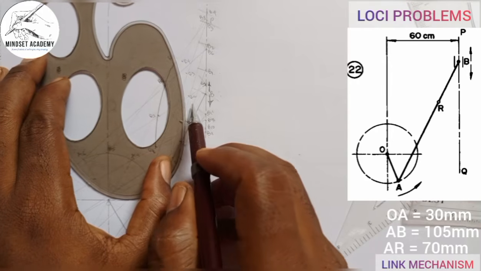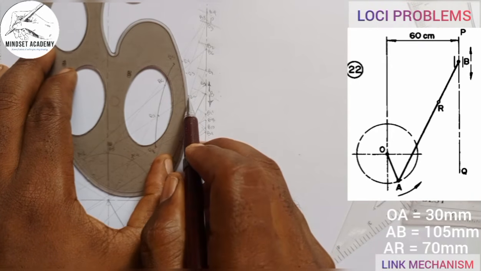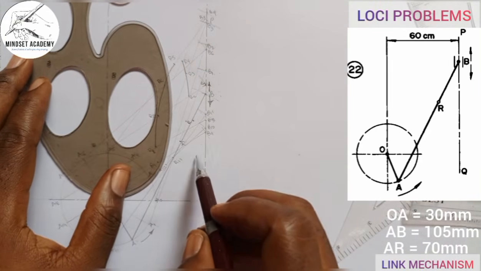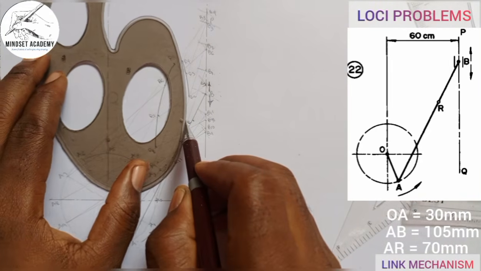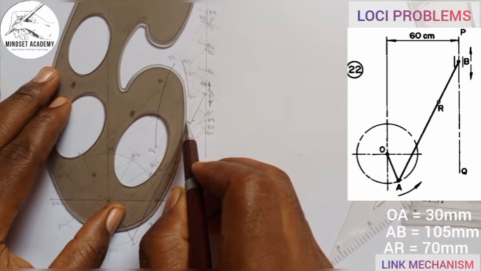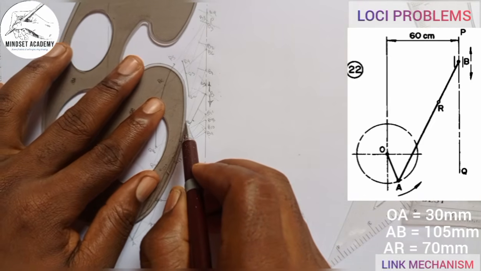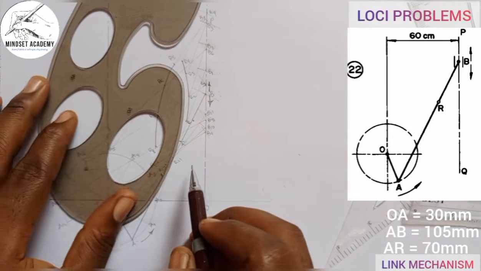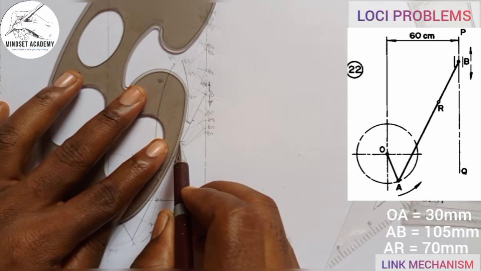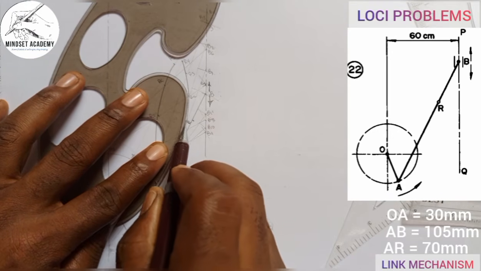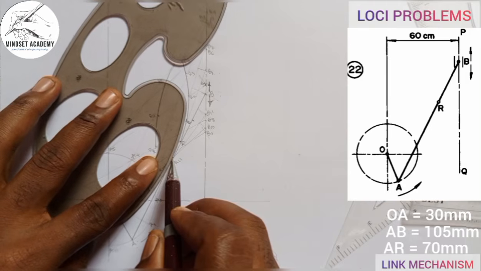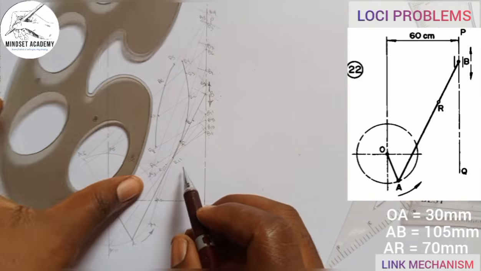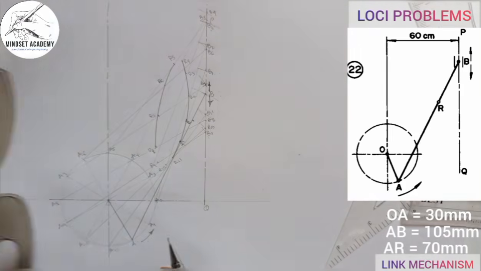I'll take this. Then this. Then this. Then this. Right? Then we'll connect this together.